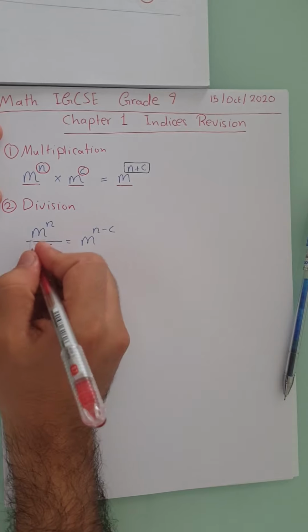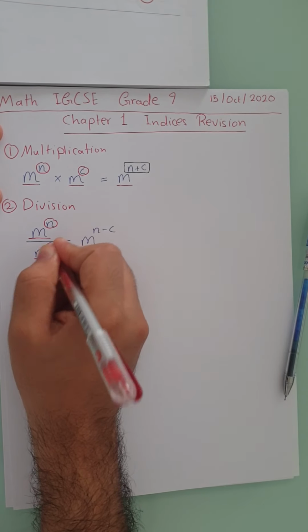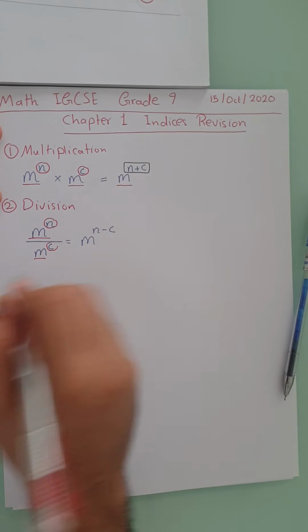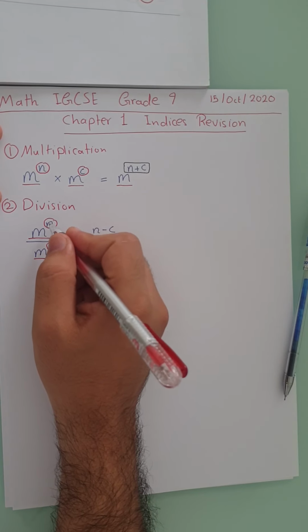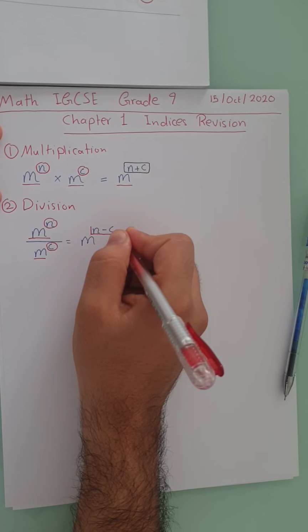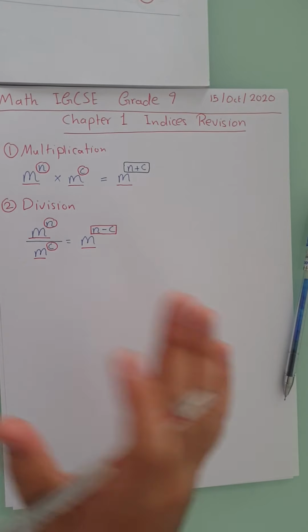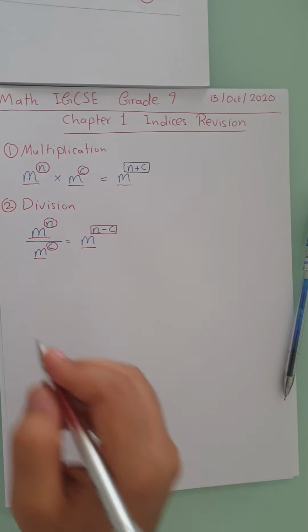Here we have the same base, we have a power here, we have a power here. So when we have division, we subtract the powers. So it's going to be n minus c. And don't forget to put the base as the same.